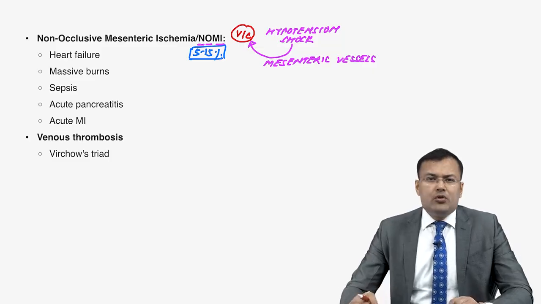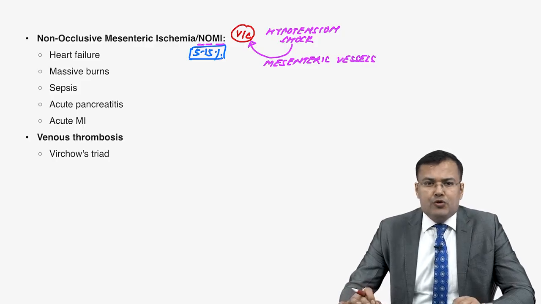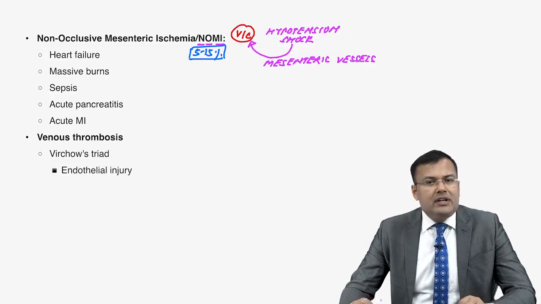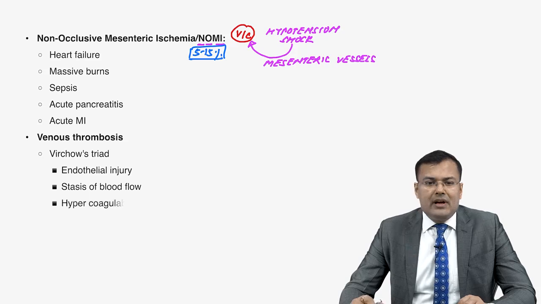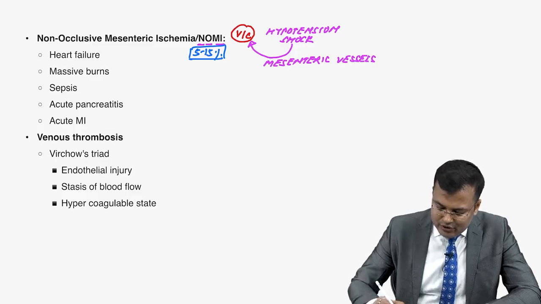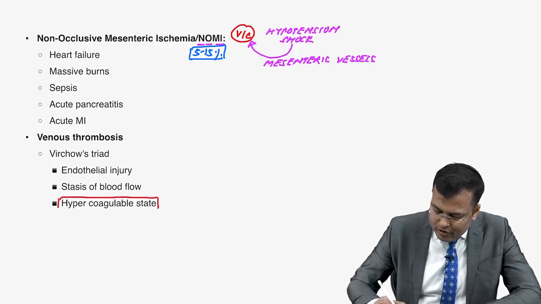Next is venous thrombosis. You know that for venous thrombosis there is a triad, and what's the name? Virchow triad. What are the components of Virchow triad? Endothelial injury, stasis of blood flow, and hypercoagulable state. Out of these three, the most important is hypercoagulable state.